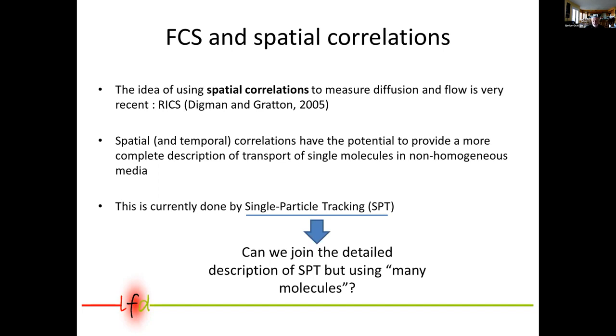And the equations that we use in RICS are Gaussian. But this cannot be true. Everybody working with cells knows that there are membranes, there is a nucleus, there are organelles, there are many other things. So a molecule will not move according to a Gaussian, but will eventually hit an obstacle.